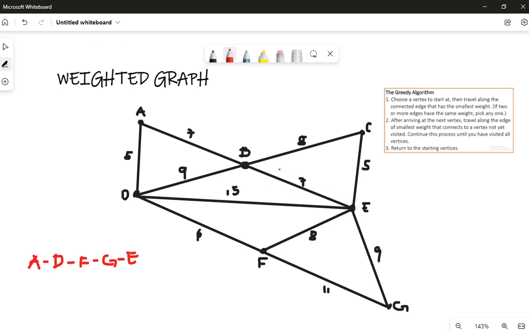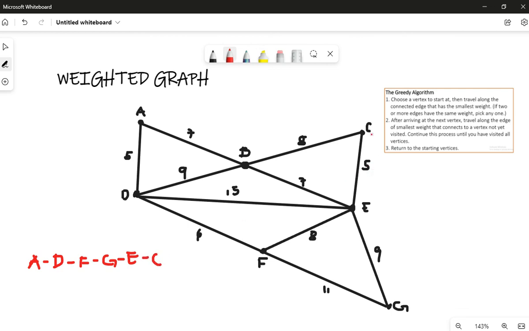The edge that has a smaller weight is E to C since this is only 5 compared to 7. So from E, I will go to C.